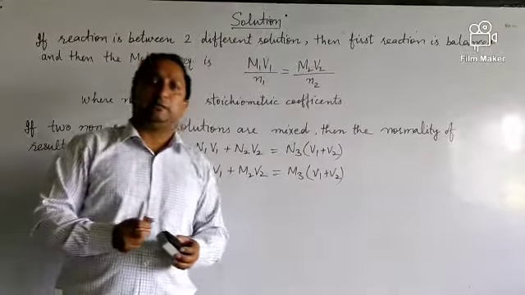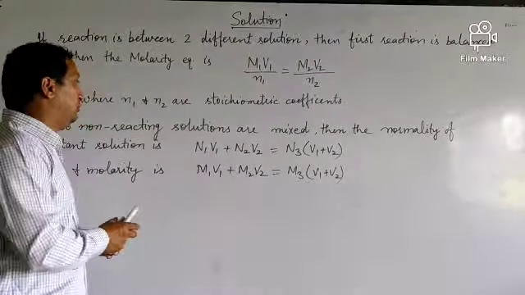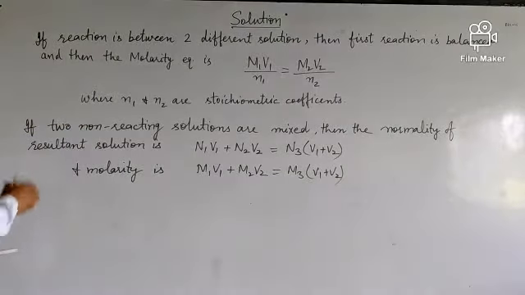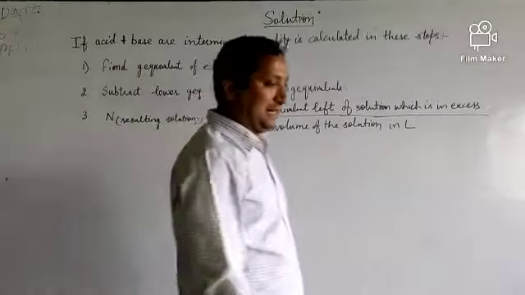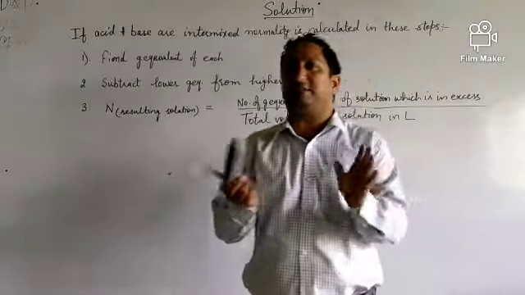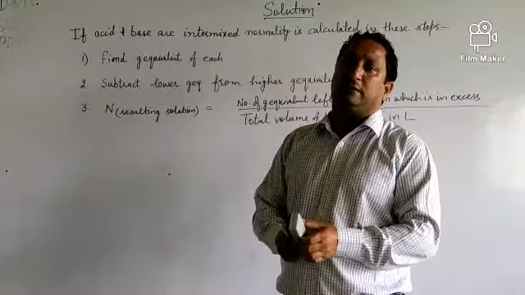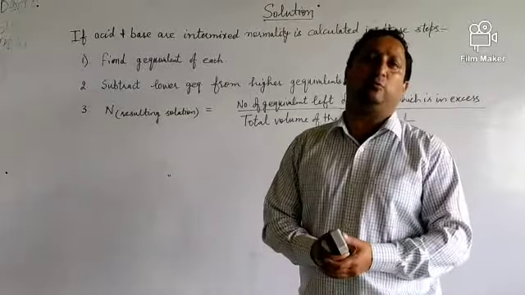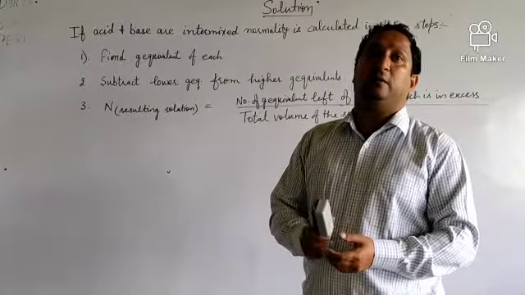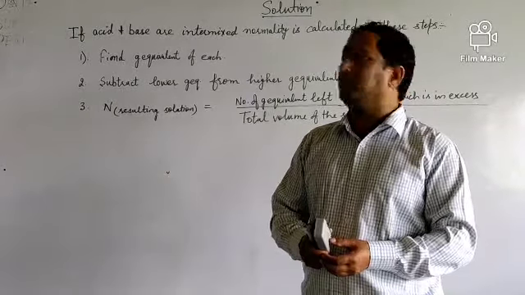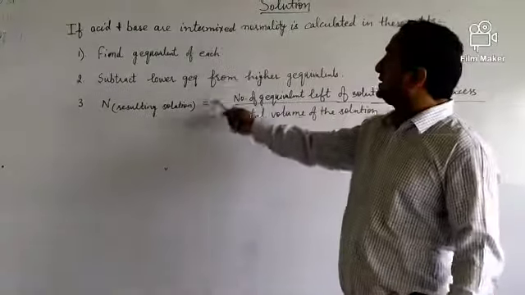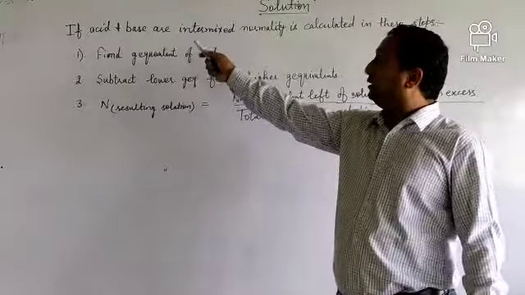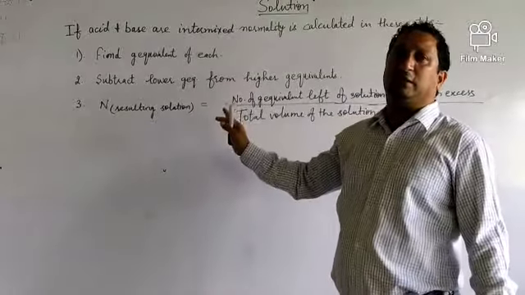Sometimes acid and base are intermixed, and the question is asked to calculate the normality of the resultant solution. So for that I have written down 3 steps. You have to move along these steps and you can find out the normality.